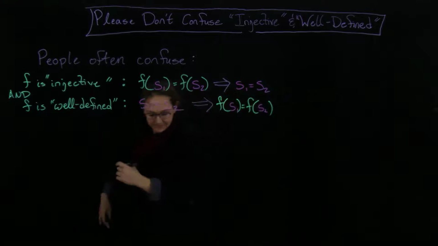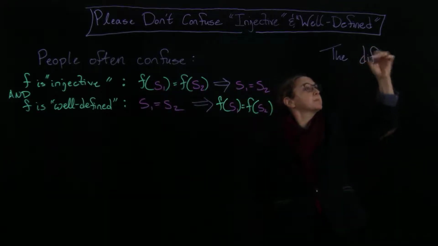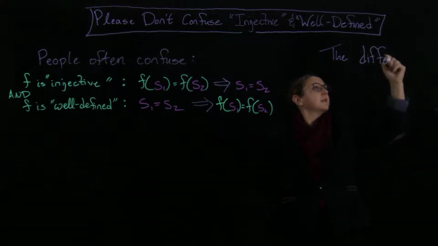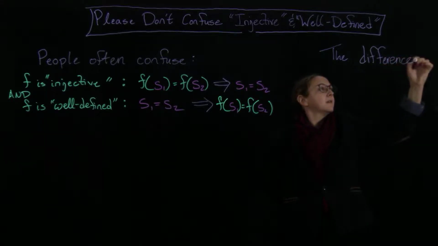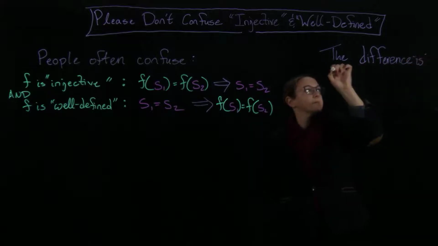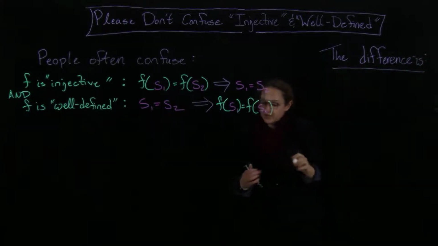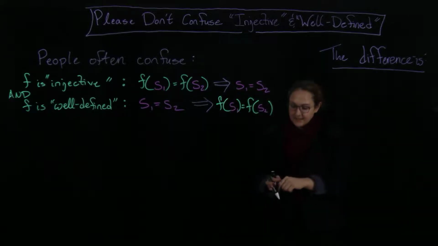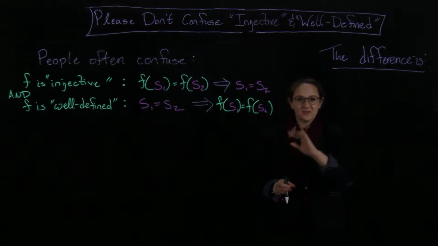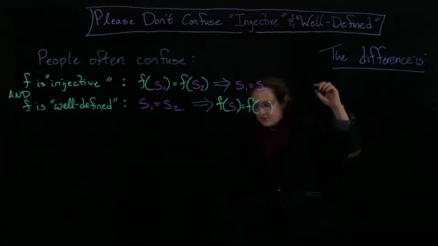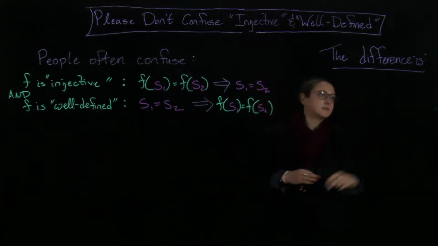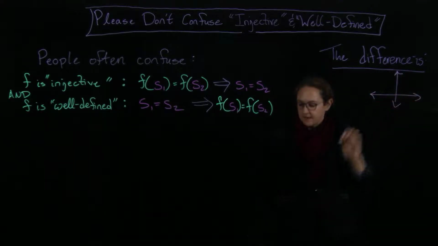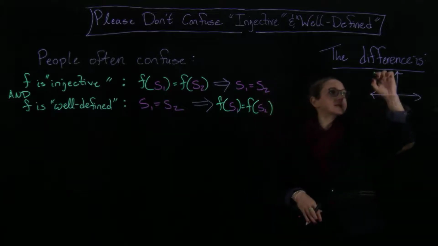So the difference is, for injectivity, you have to satisfy the horizontal line test. So let's just draw it. This can fail the horizontal line test.